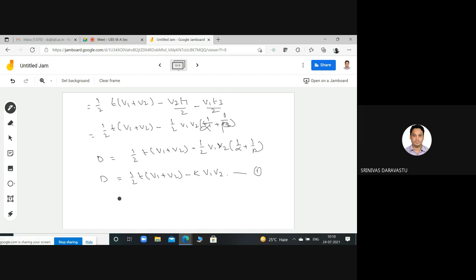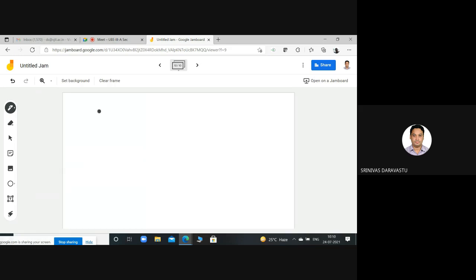Now we can write V2 equals, taking this to the next page. So beta C equals V1 minus V2 by T2, or T2 equals V1 minus V2 by beta C. Now from this equation we can write V2 equals V1 minus beta C into T2.